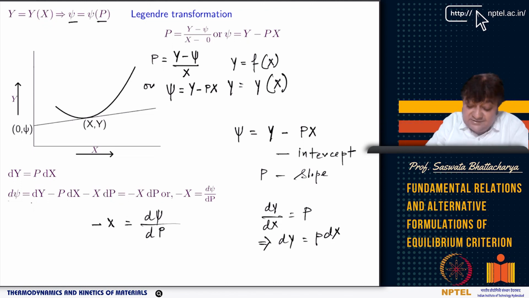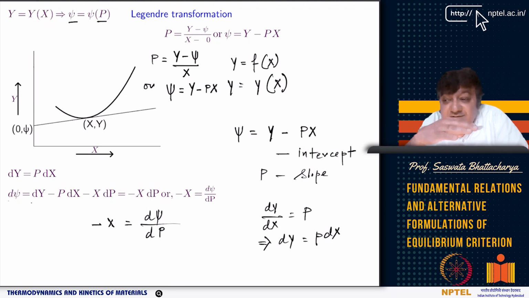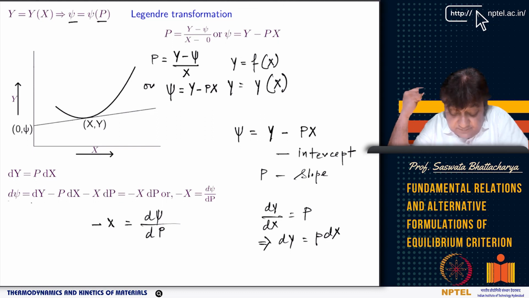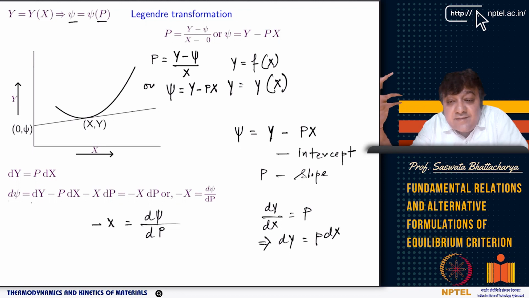You have a series of tangents that you can draw on the curve, and these tangents are described by their slopes and intercepts, because tangents are straight lines, right? So using the series of tangents and the envelope described by it, we can define an alternate form of the curve in terms of psi and p.